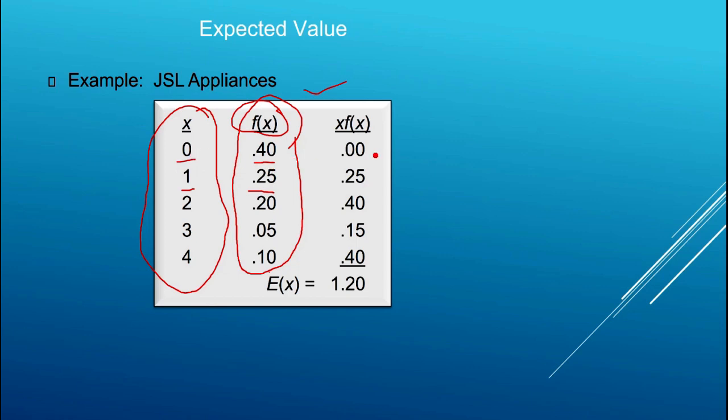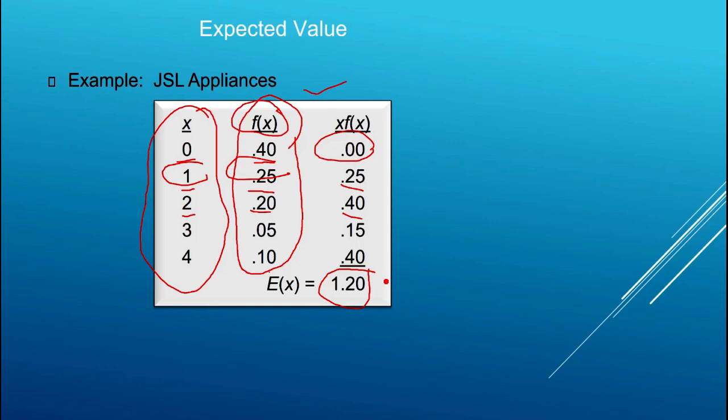So 0 times 0.4 is equal, of course, to 0. 1 times 0.25 is equal to 0.25. 2 times 0.2 is equal to 0.4, etc. Once we have weighted each one of the possible values that a discrete random variable can take on by its probability of occurrence, we add them all up. 0.25 plus 0.4 plus 0.15 plus 0.4 gives us 1.2.